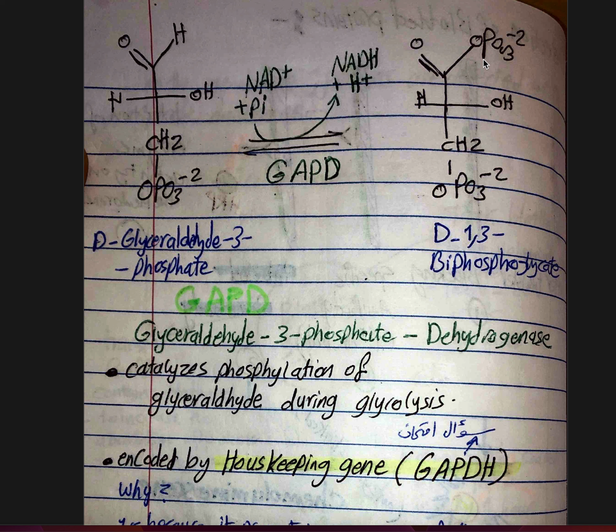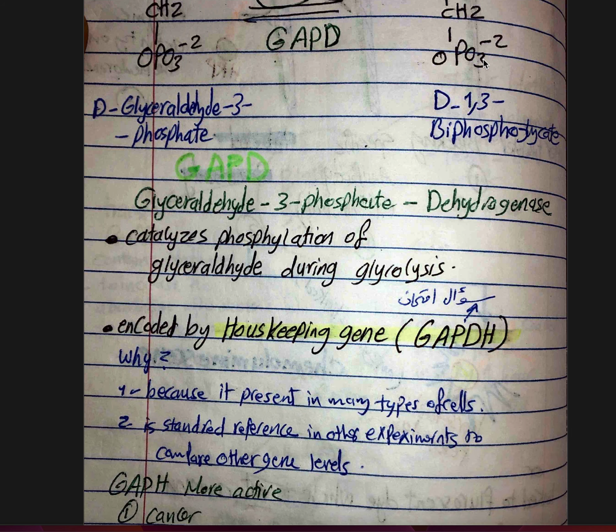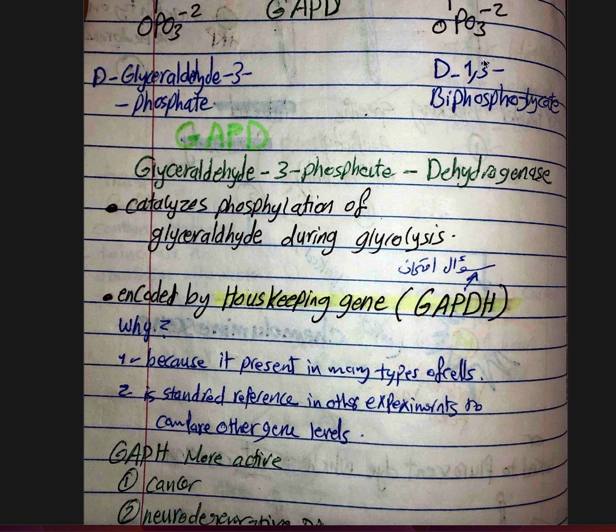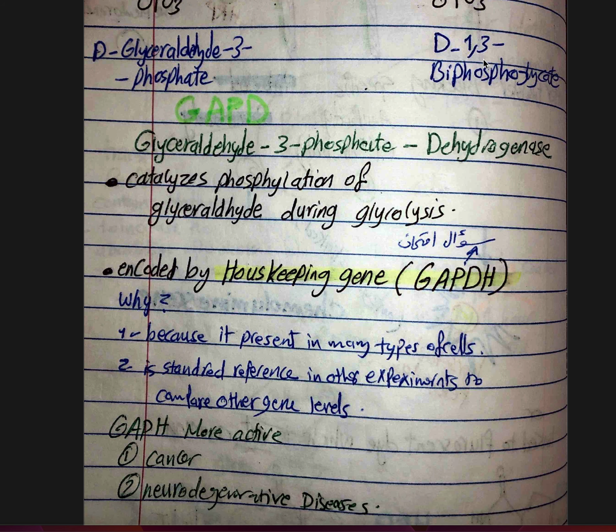It's one of the housekeeping enzymes, and I just want to describe what a housekeeping gene is. Housekeeping genes are ubiquitously expressed. That means they will be found everywhere. That's why we say housekeeping, because it should be present everywhere.